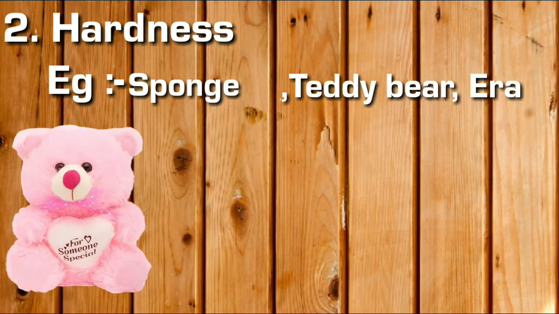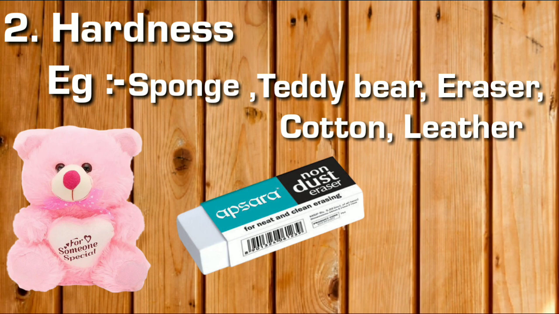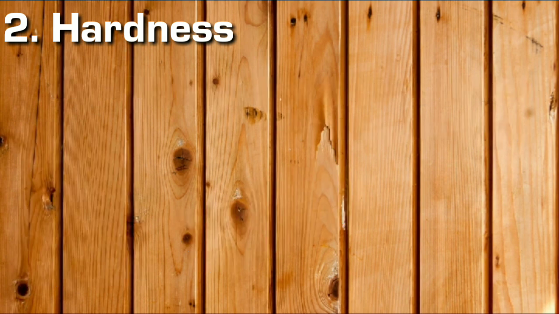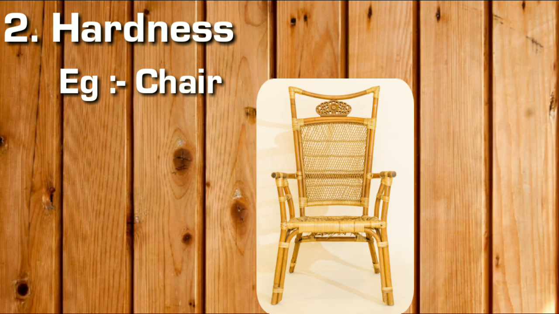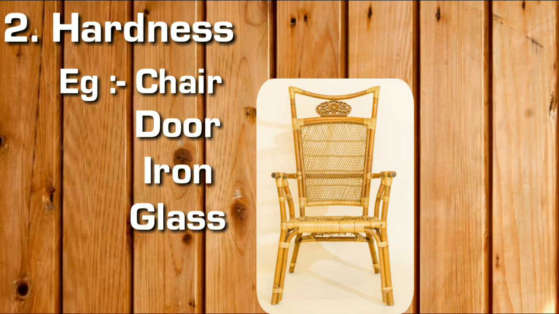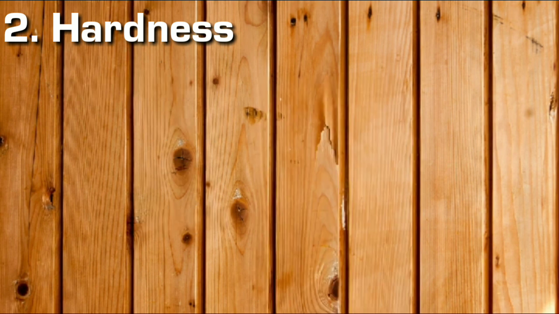Like this, you can think of teddy bear, rubber, cotton, leather, etc. For example 2, you know a chair, we cannot compress it easily, so it is a hard material. Like this, you can think of door, iron, glass, etc.